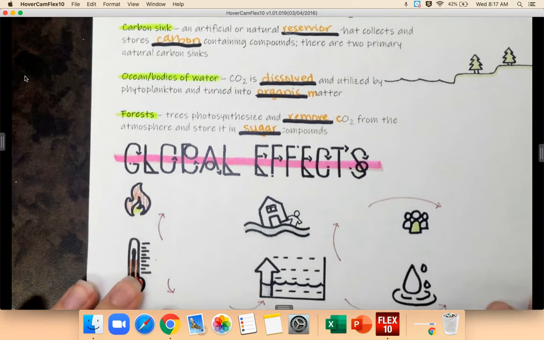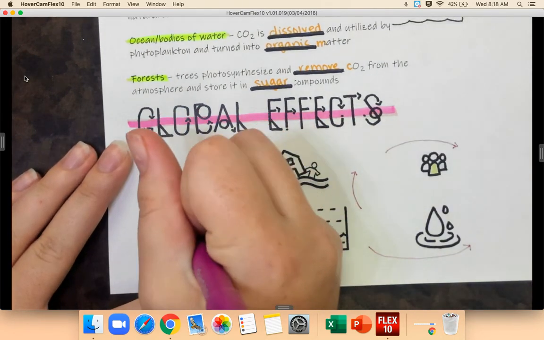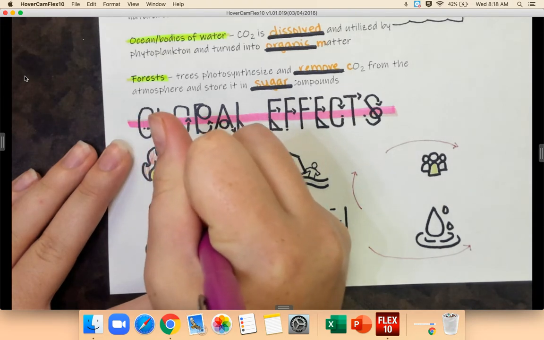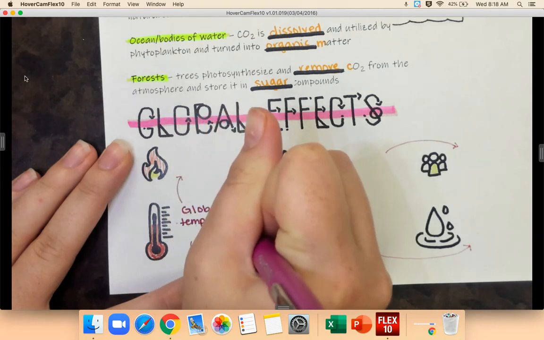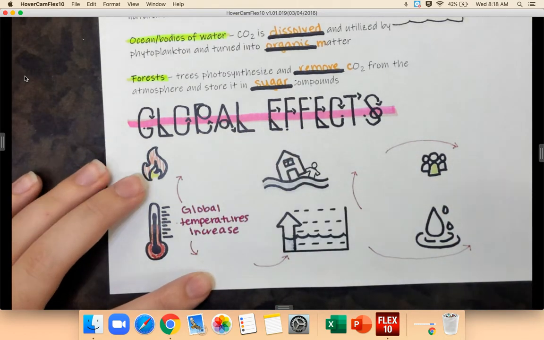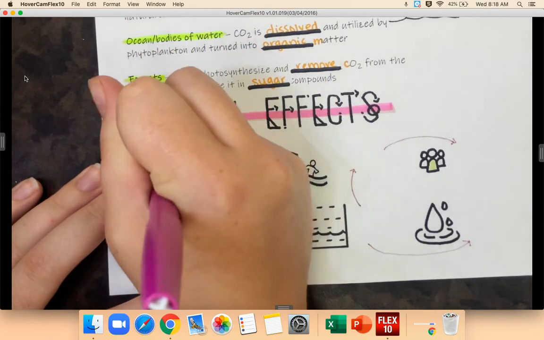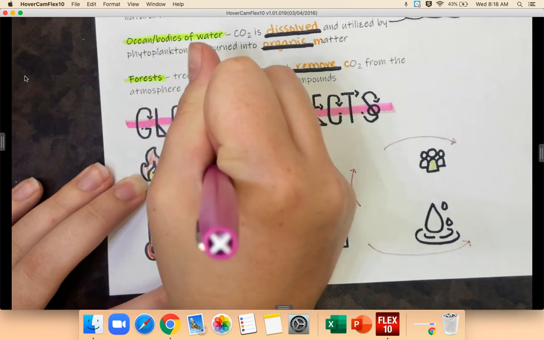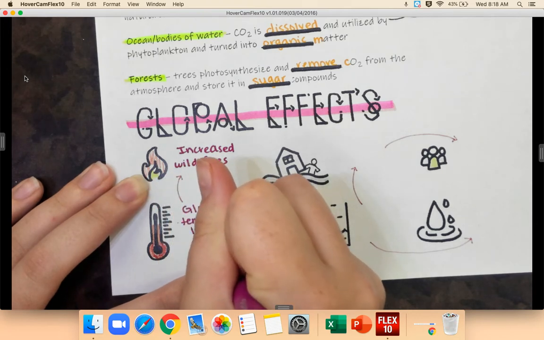All right, final thing for this note is the global effects of climate change. I'm going to start with down here. If global temperatures increase, this can cause a lot of things to happen. We can have increased wildfires. We could also have melting ice caps.